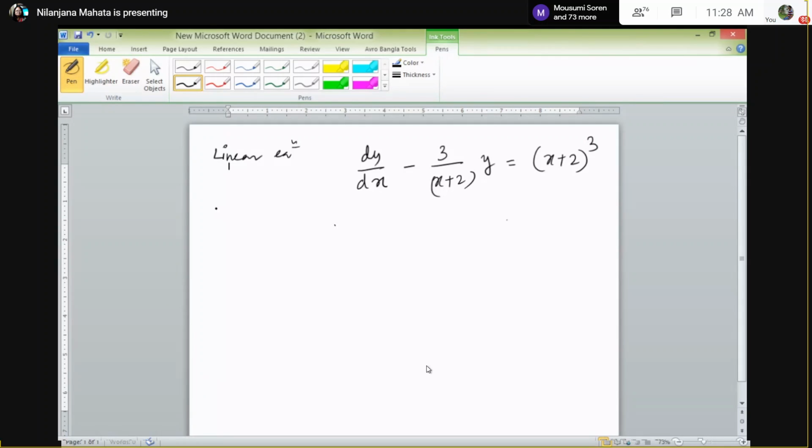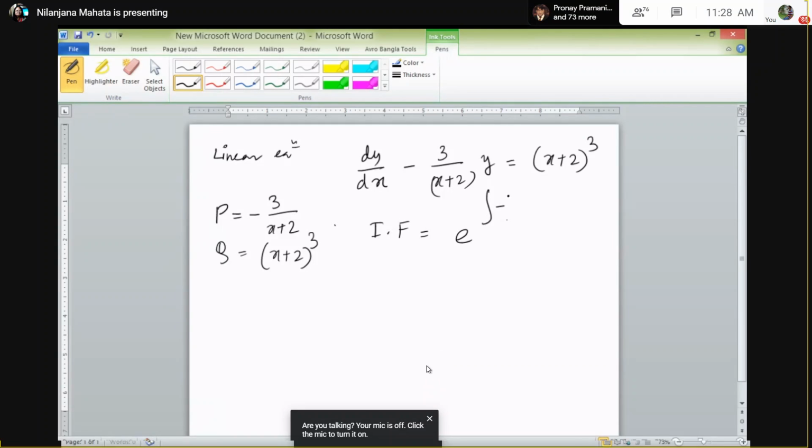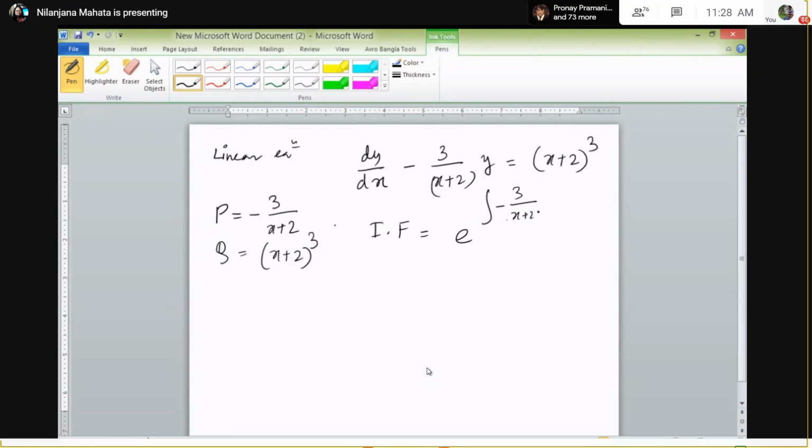Now here your P is minus 3 by (x plus 2). Here your Q is (x plus 2) whole cube. Right? This is in the form dy/dx plus Py is equal to Q. So your integrating factor will be e to the power integral of P dx.